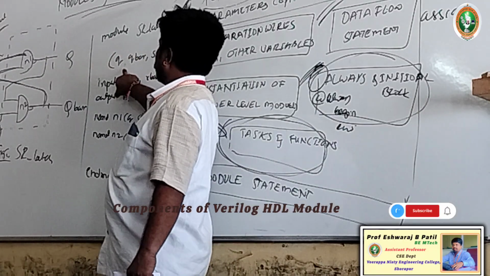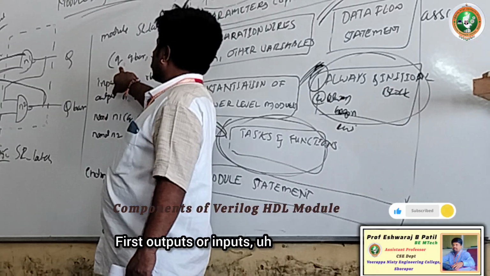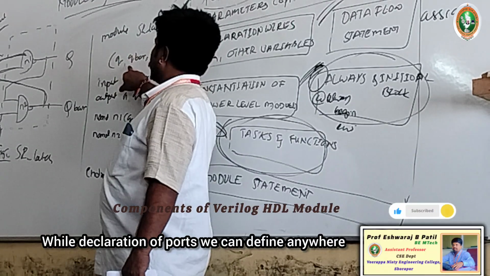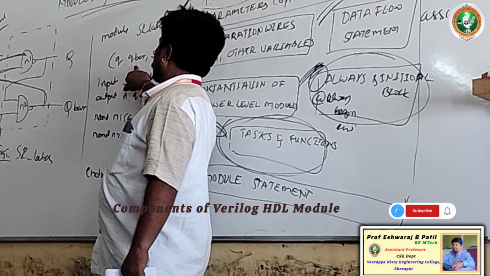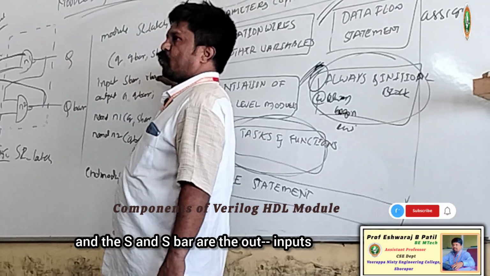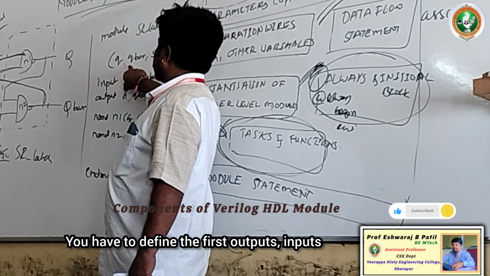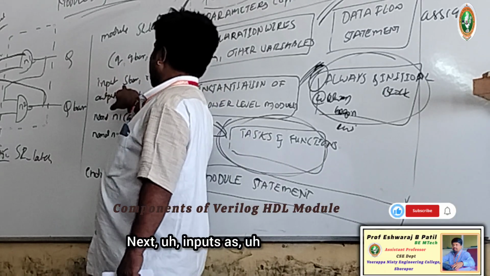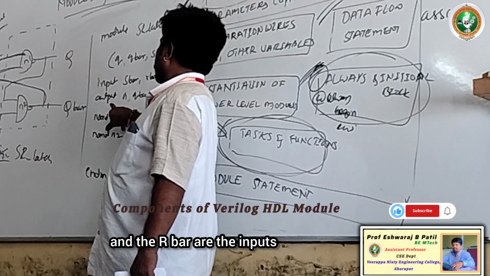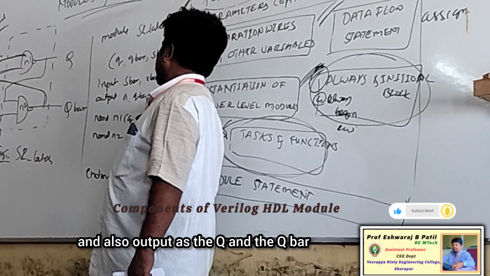Within the brackets you have to mention the ports. First outputs, then inputs. While declaring the ports we can define them anywhere. Q and Q bar are the outputs, and S bar and R bar are the inputs. You have to define the outputs first, then the inputs, which are the S bar and the R bar, and also the outputs Q and Q bar.